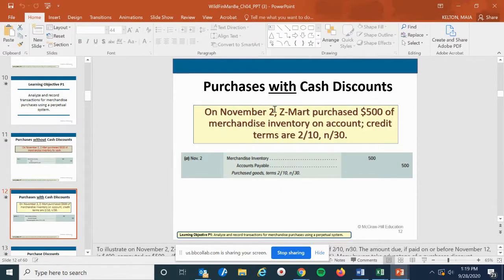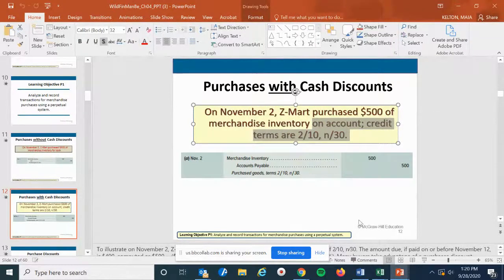So let's see how the cash discounts work. So let's pretend that this is the same transaction. On November 2nd, Z-Mart purchased $500 of merchandise inventory, but this time they don't pay cash for their inventory. They pay on credit.